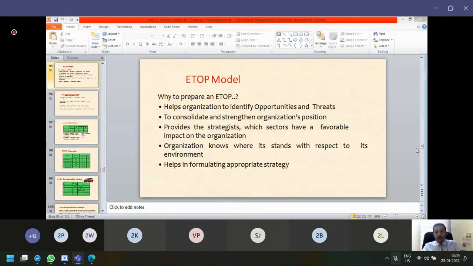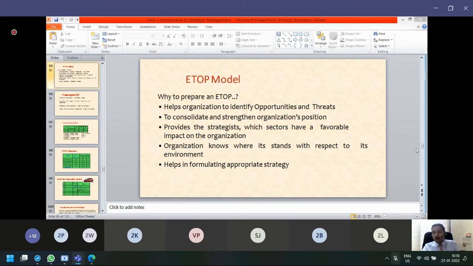Also, the organization knows where it stands with respect to its environment. So we can come to know our position with reference to the current market scenario, and it helps in formulating an appropriate strategy. This is the most important thing in the strategic management of the particular organization, that this ETOP model can help us identify those opportunities and threats, and can help us to formulate an appropriate strategy, which can include how we get that opportunity, or how we can cope with those threats.